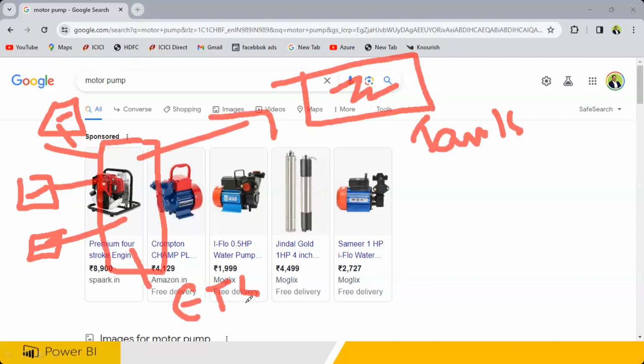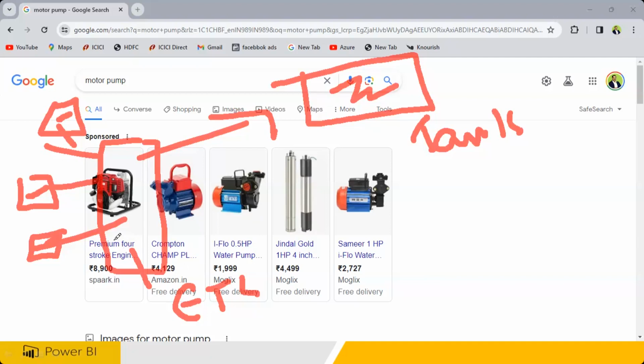So ETLs are nothing but data pumping devices, data importing and exporting applications. They take the data from one place and copy the data to another place. Clear? Like that, you can have different companies.